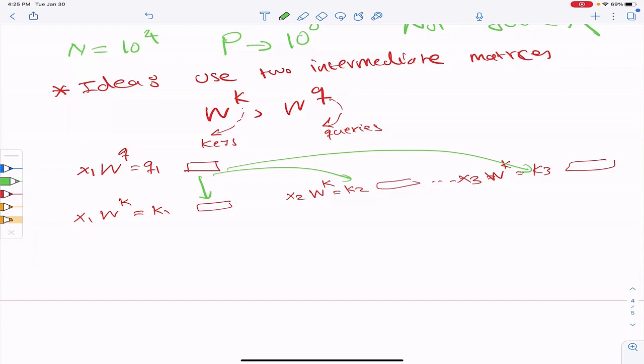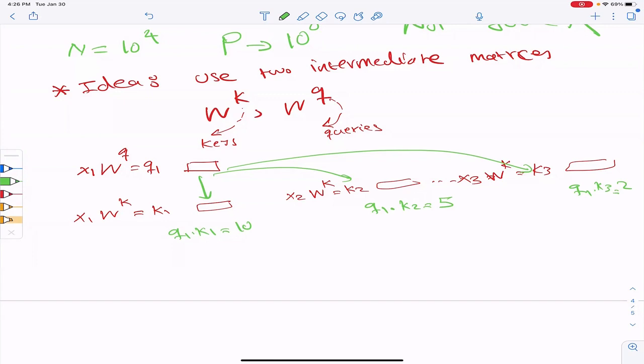That will be my P matrix. So what is your favorite similarity measure between two vectors? Cosine similarity is inner product, right? So suppose I multiply Q1 to K1, I get a value 10. I multiply Q1 to K2, I get a value of 5. I multiply Q1 to K3, I get a value of 2.